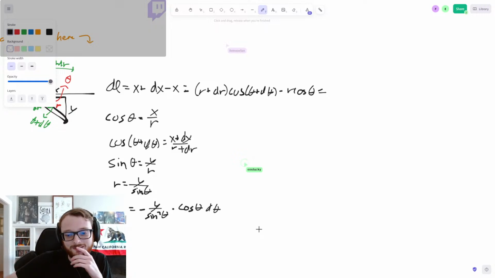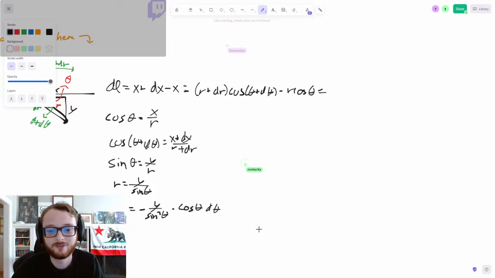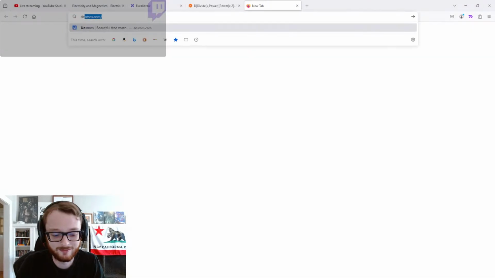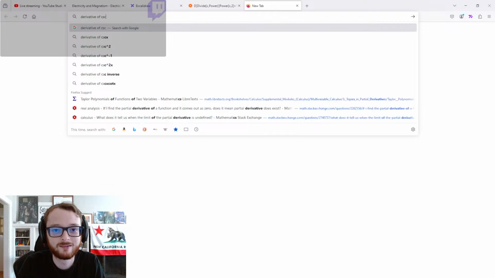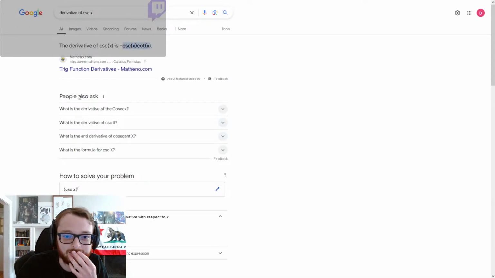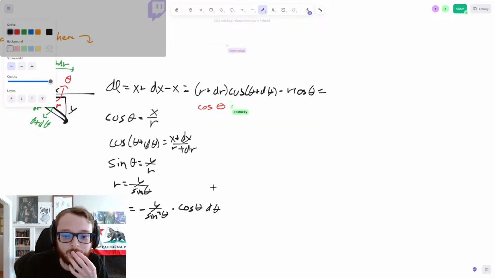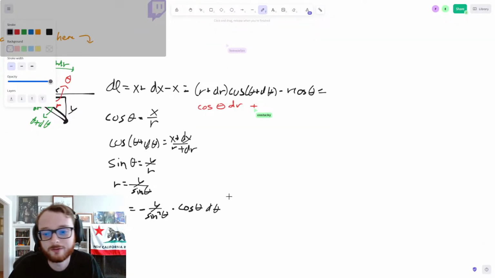I think so. Isn't the derivative of cosecant, I feel like there shouldn't be a cosine. Cosecant, I'm saying it's cosecant squared times cosine? Minus cosecant cotangent. Oh, right, because cosine over sine. Okay, yeah.